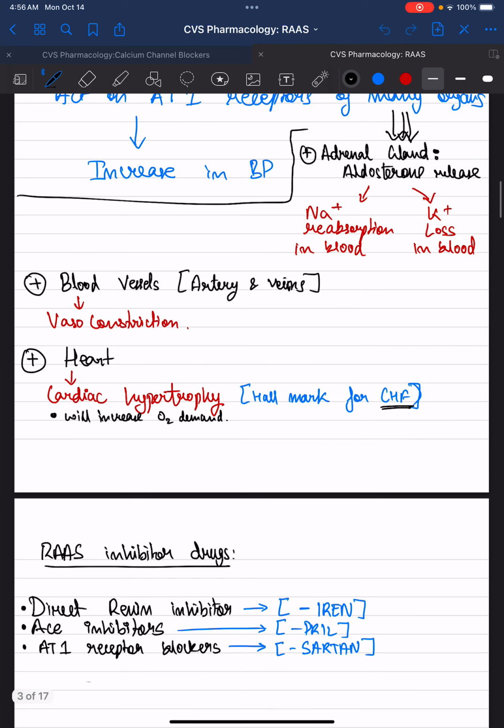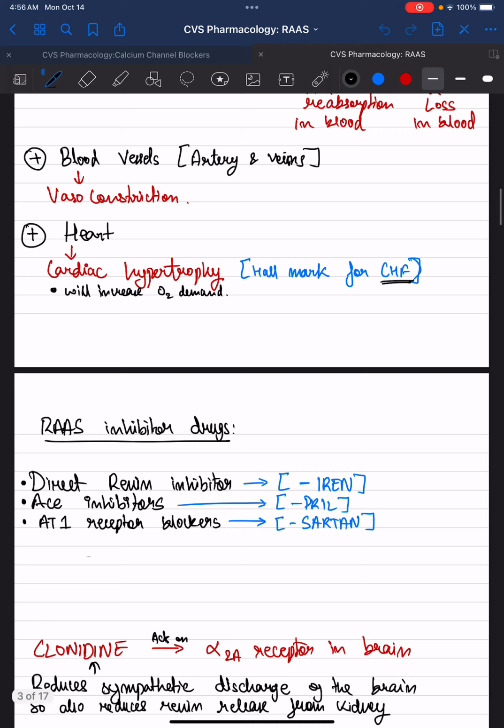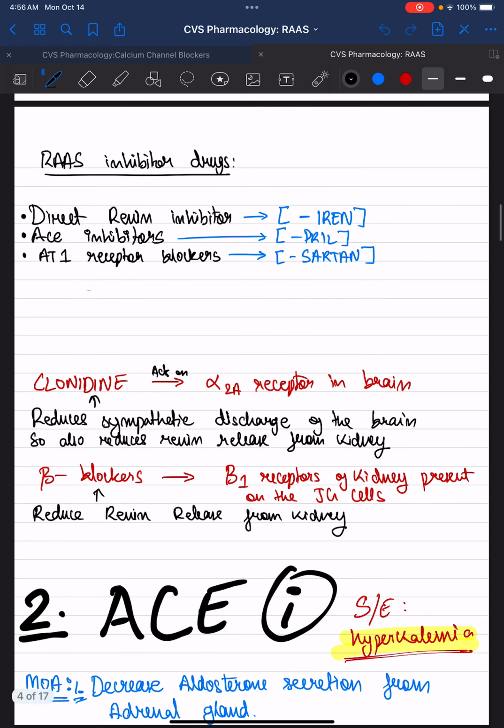On blood vessels, that is the arteries and the veins, there will be vasoconstriction. And on the heart, there will be cardiac hypertrophy, which is the hallmark of congestive heart failure. If there's hypertrophy, the muscle mass is increasing, so there will be increase in the oxygen demand of the heart.